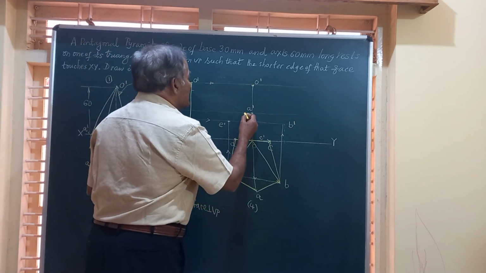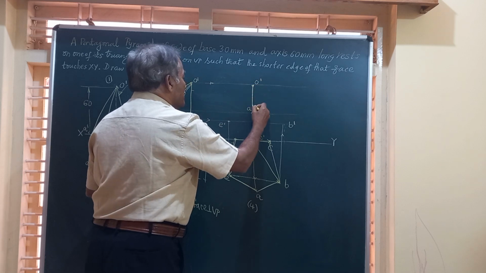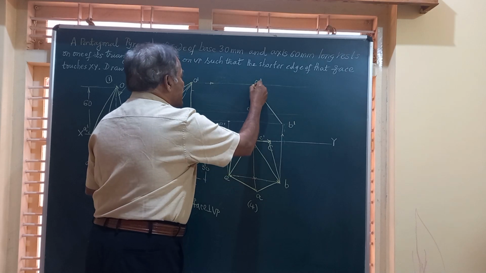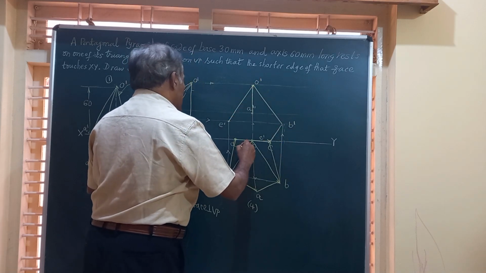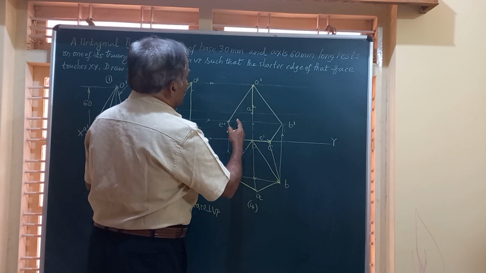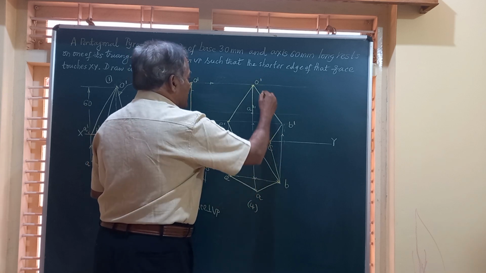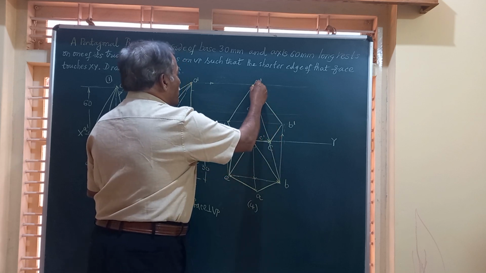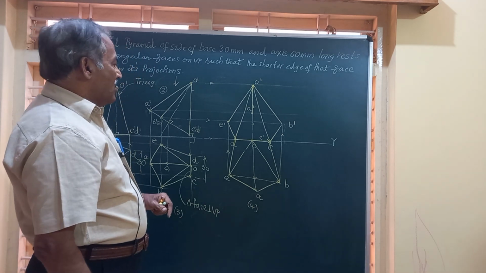So I will join first of all O dash to A dash, O dash to B dash, O dash to E dash, then B dash to C dash, D dash to E dash, and then friends, we have joined O to A, then O to C I should join. So I will join O to C and also O to D.